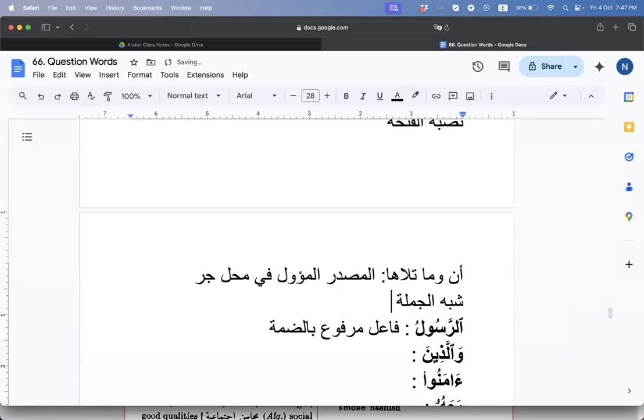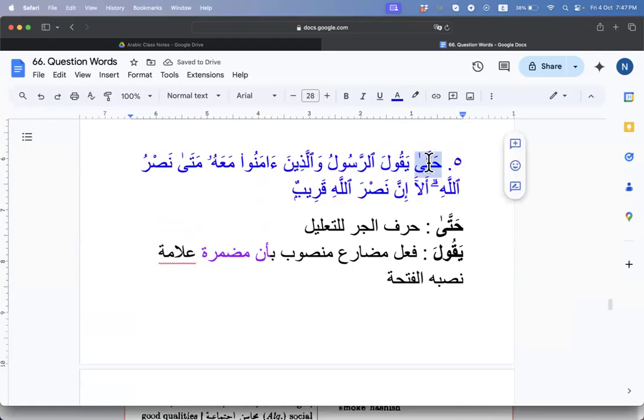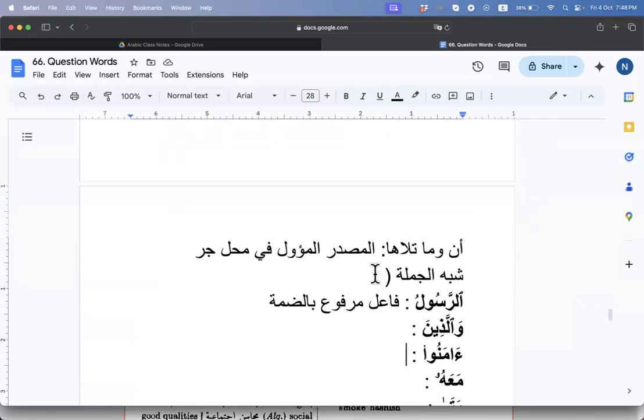The shibh jumla is hatta until all of it, basically, until wherever it will stop. Obviously we don't have the context of what's before, but because it's harf jar, it's supposed to be muta'alliq to something that comes before this. So I'm just going to write here: shibh jumla hatta is muta'alliq with something before.